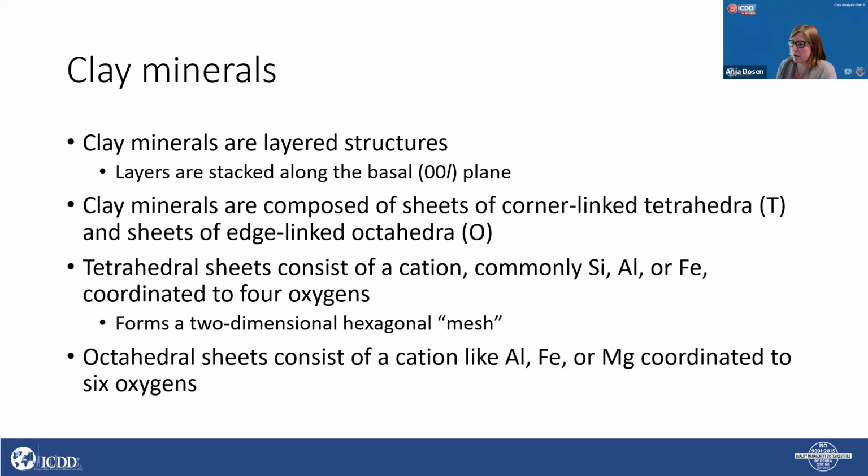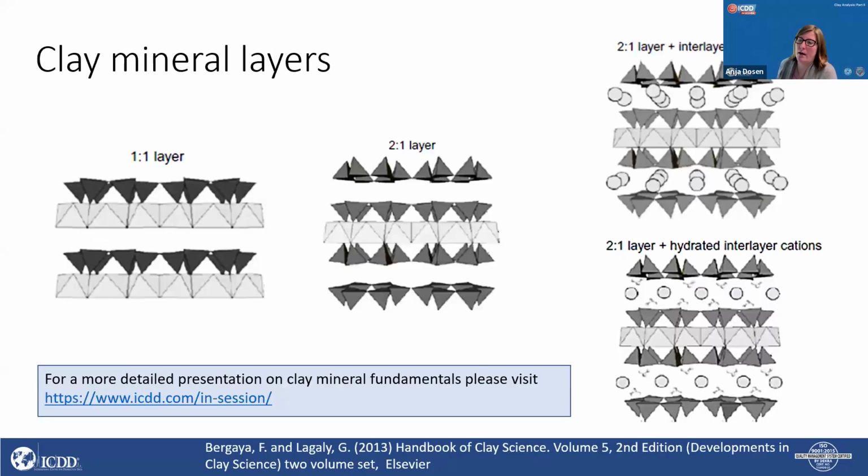Tetrahedral sheets are corner linked, and they have shared oxygens, whereas octahedral sheets will be coordinated with six or four oxygen atoms. So we have these, for example, clay layers.